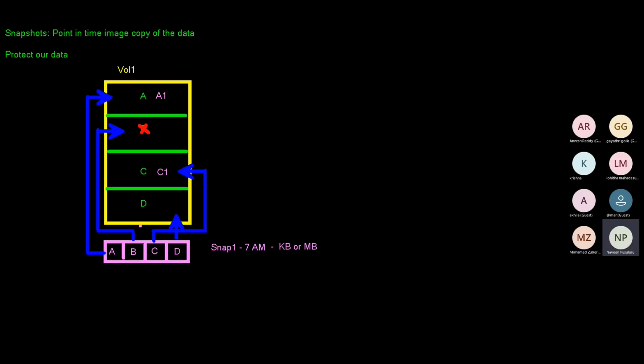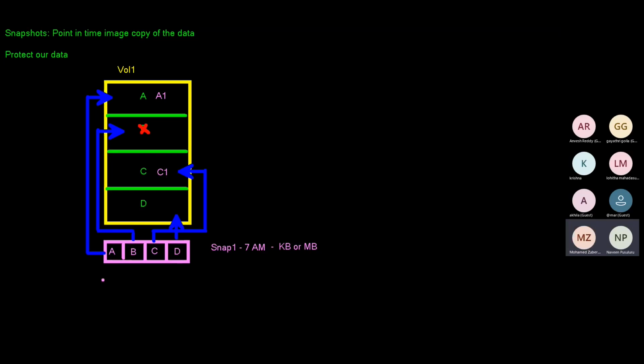This is how it works. So I realized that I have deleted B accidentally. As I have the data in the snapshot, I can restore the data from the snapshot. This is how snapshots protect the data.